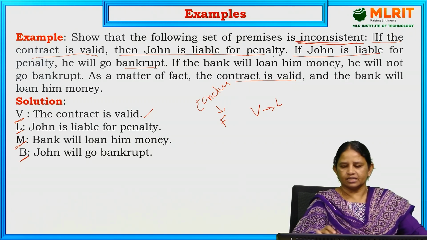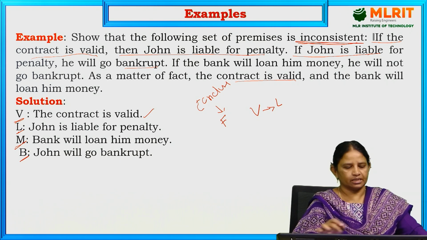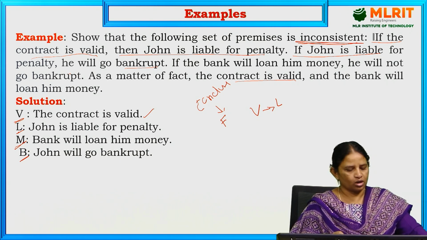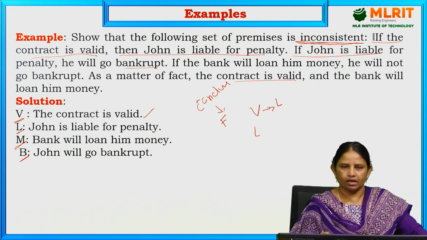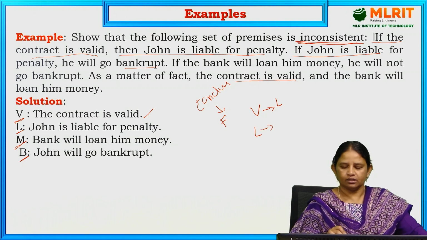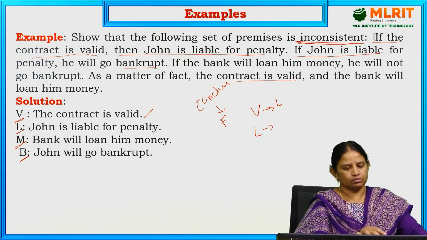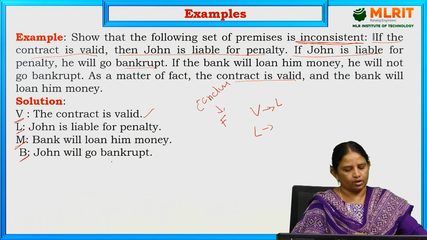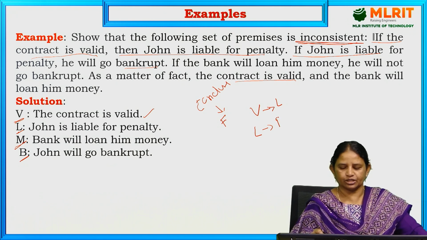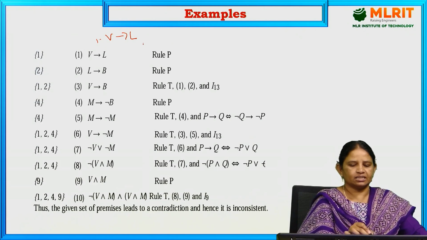After that, the second statement: if John is liable for penalty, that is L, then he will go bankrupt. L tends to B. So the first statement is V tends to L and the second statement is L tends to B.